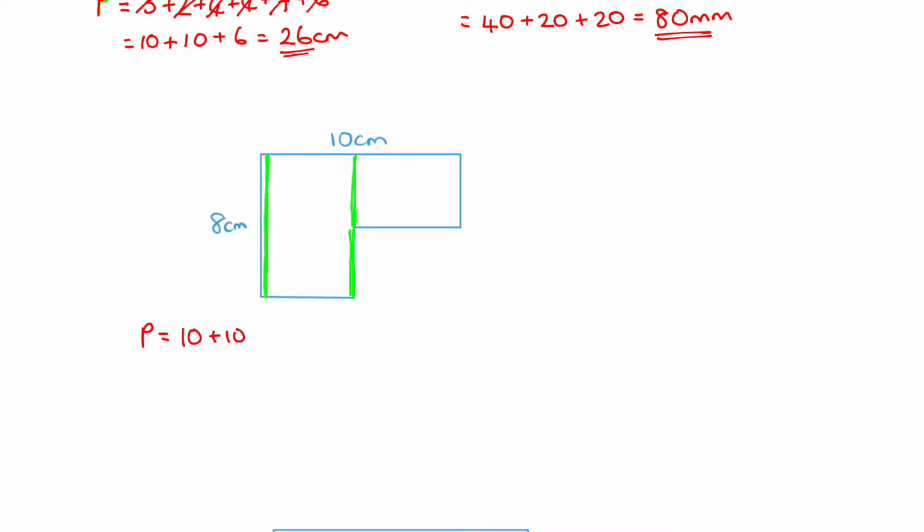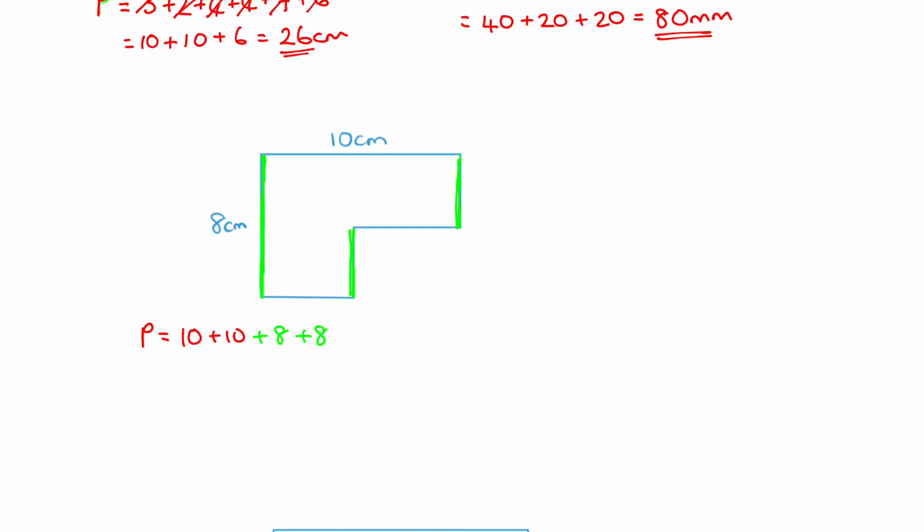Okay, so we know that the left hand green line, this one here, is 8 centimetres, and we know that the two shorter green lines added together make 8 centimetres as well. So we've got 10 and 10 for the horizontal lines, and then if we look at the vertical lines, we've got 8, and then these two together make 8 as well. So we've got 2 8s.